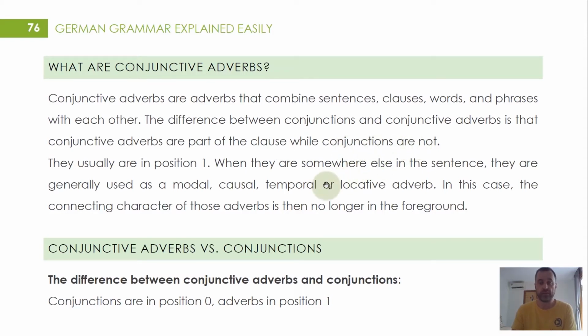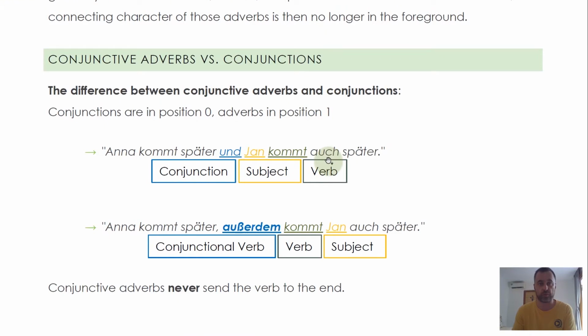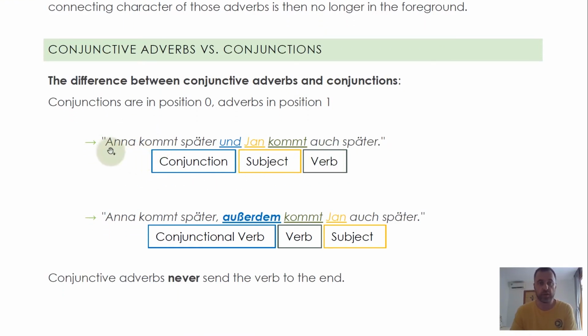So let's have a look at an example to make this more obvious. We have the sentence, Anna kommt später und Jan kommt auch später. Here we have a conjunction, und. So, Anna comes later and Jan comes also later, word by word translation.